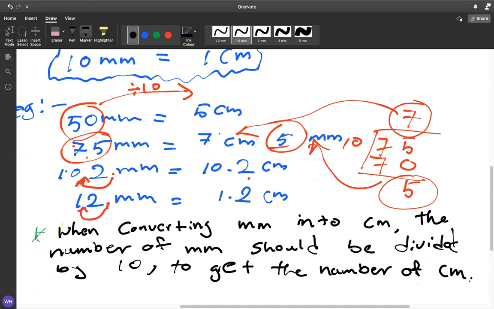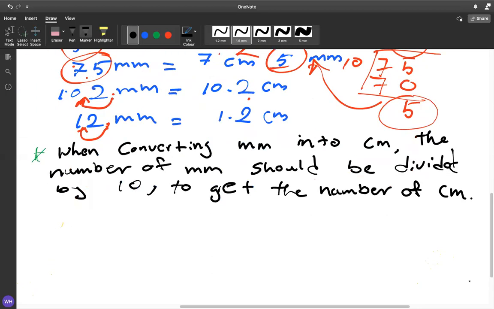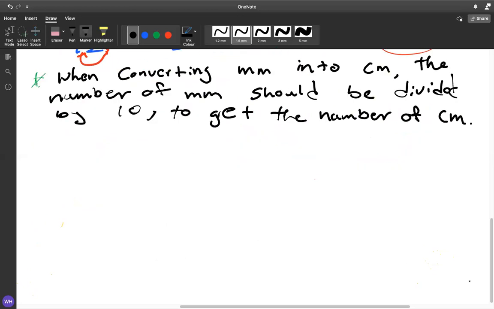Sir, finished. Good. Right. So let's have a look at this one as well. Now, Rifki, if you have 2 centimeters, how can you convert this into number of millimeters? How many millimeters do you have for 2 centimeters? 20 millimeters.